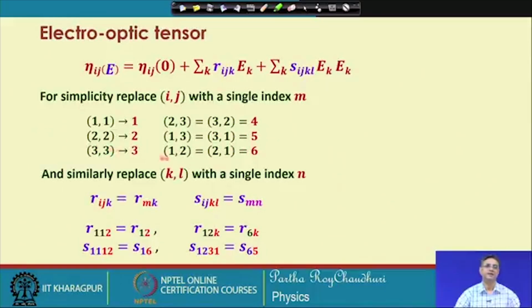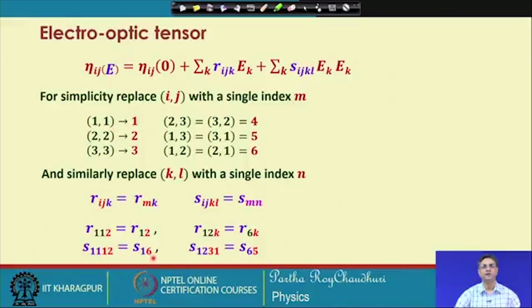This is how we have seen it in the index ellipsoid matrix, the same notation. And similarly, replacing kl with a single index n, we can write S klmn, so they can again be shrunk to this. So, R112 will be represented by R12, and S1112 will be represented by S16. 1 and 2 gives you 6 and 11 gives you 1.